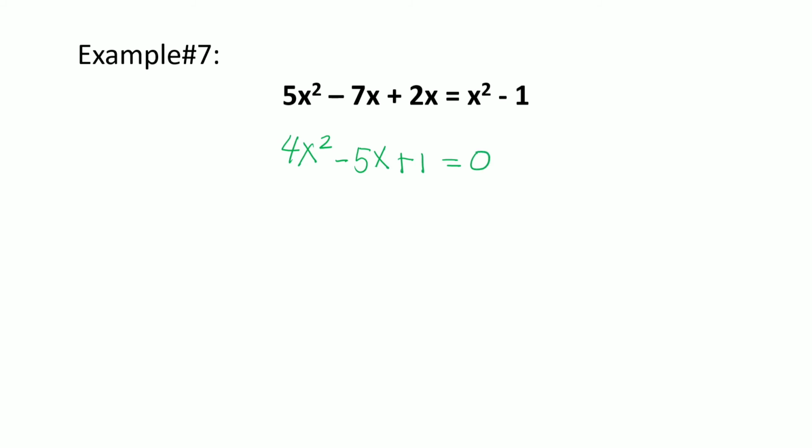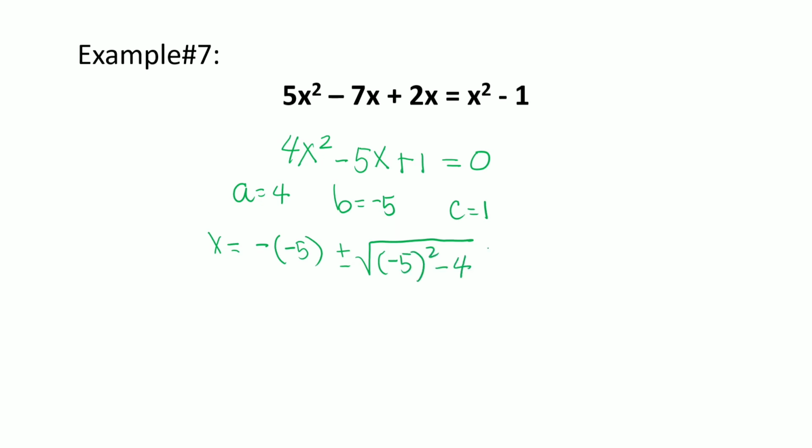Okay? So with this standard form, we can now identify a, which is 4, b, which is negative 5, c equals 1. So substituting to the quadratic formula, negative b, so negative of negative 5, plus minus the square root of b squared minus 4ac, all over 2 times 4.